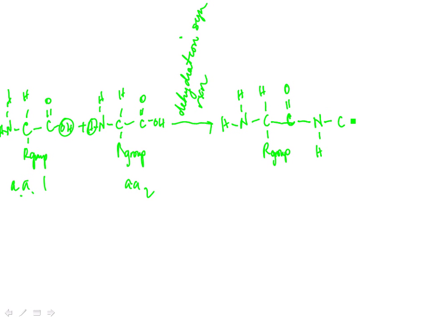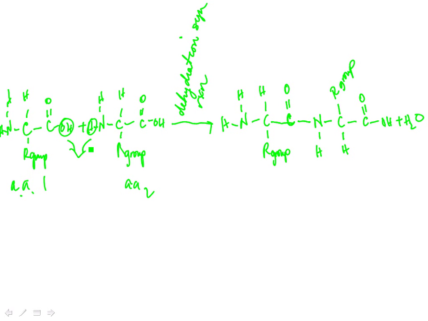Then we move back into the central carbon, which has a hydrogen and an R group. From there we go to our carboxyl group, and then we want to add in water, because we took away water right here.